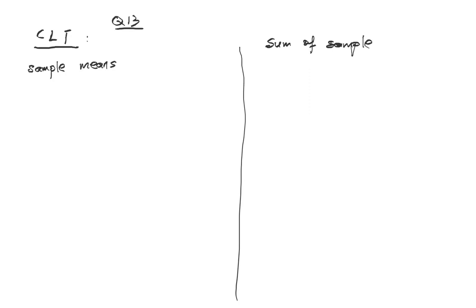When we talk about sample mean, the symbol is like that, and n is the sample size. When we talk about sum of the samples, the symbol is like that.